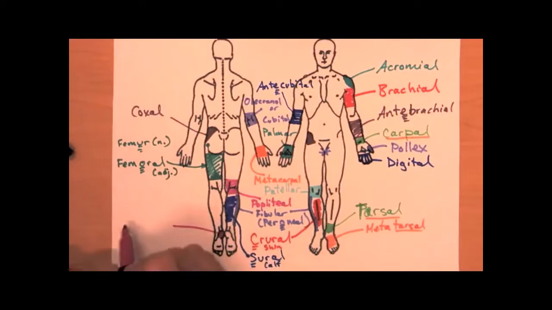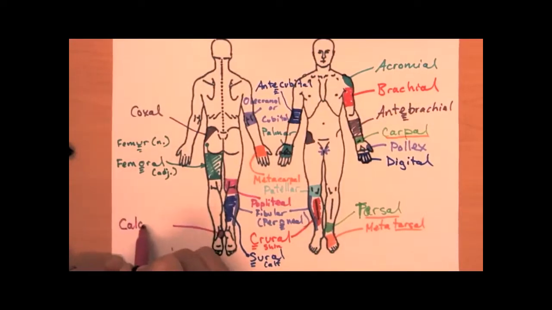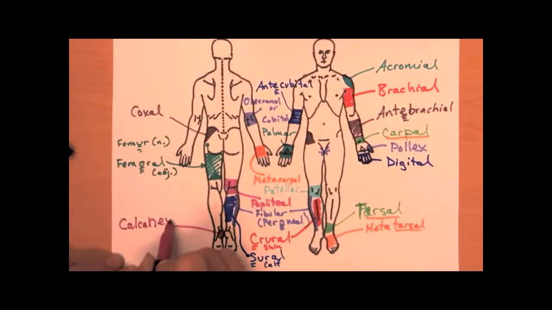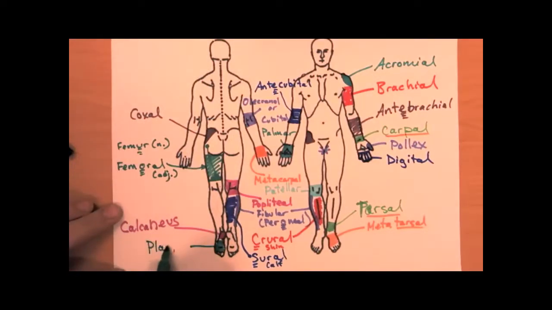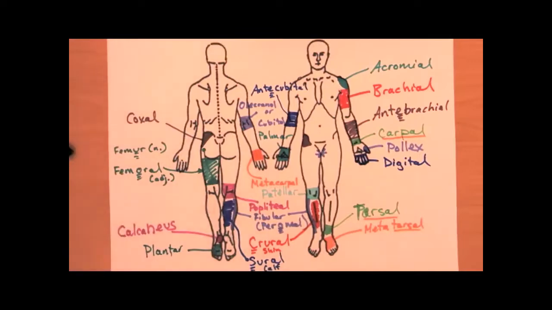The heel, named after the heel bone, calcaneus. The bottom of the foot, so the sole of the foot, is what is planted on the ground when you are standing up straight. Plantar is the bottom of the foot, the sole.